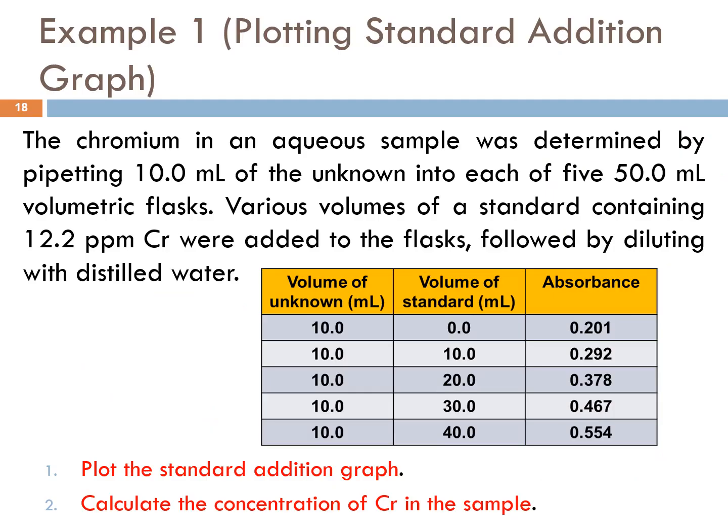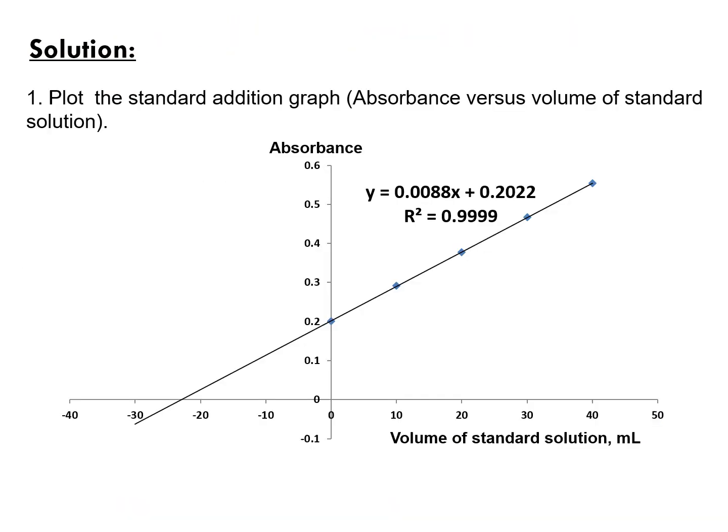Okay, this one example you boleh tengok sendirilah, dia akan bagi the volume of standard. The volume of the added standard, dia akan bagi absorbent. So dia akan bagi graph macam ni. Okay, this one adalah M gradient, this one adalah C. Okay, C here. Kalau dia bagi, you tak payah cari.